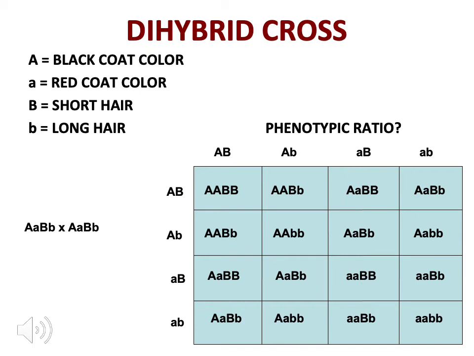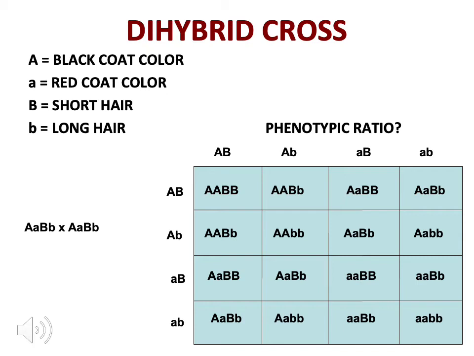How many are going to be black with long hair? I'm looking for boxes that contain a dominant A allele, and boxes that contain a recessive B allele. And it's going to have to be little b. Can't be anything else. So if I'm looking for uppercase A and little b, I find 3.